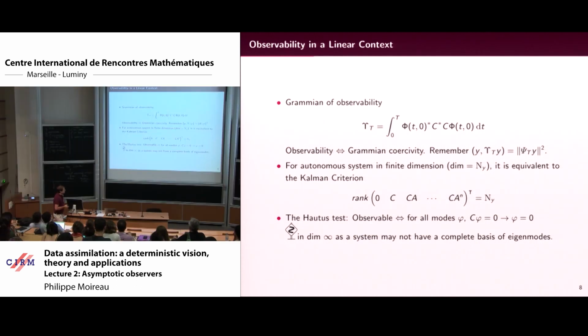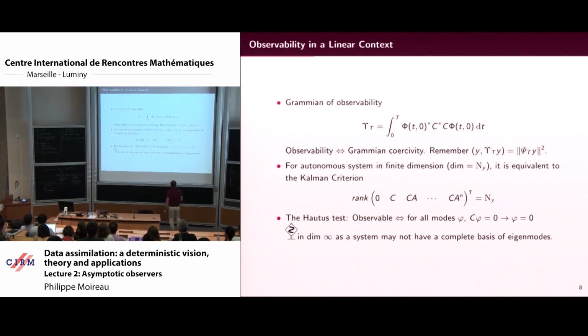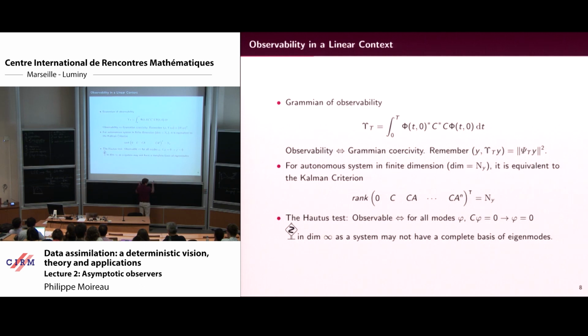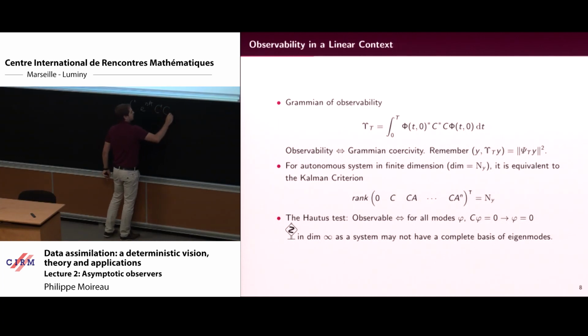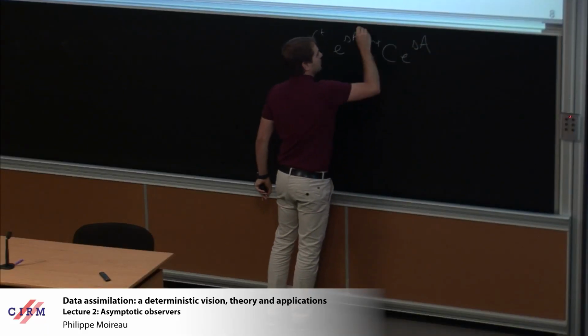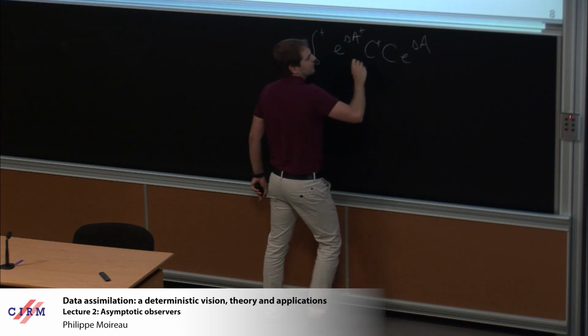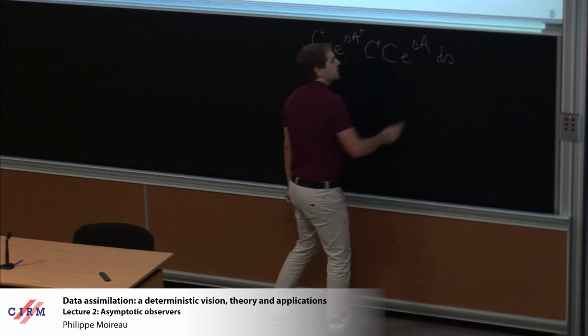If you want an intuition of why it's true: in finite dimension, autonomous, this is the exponential of AT. So you want to know if the integral over T of this is invertible.